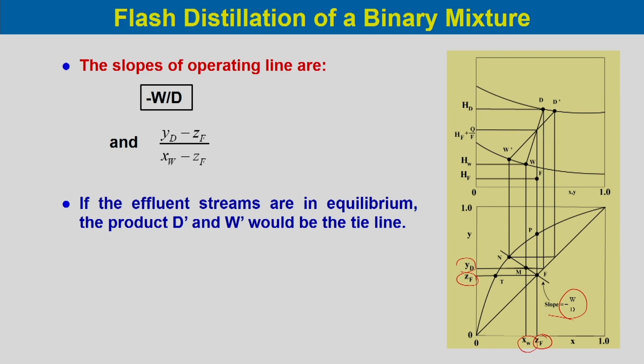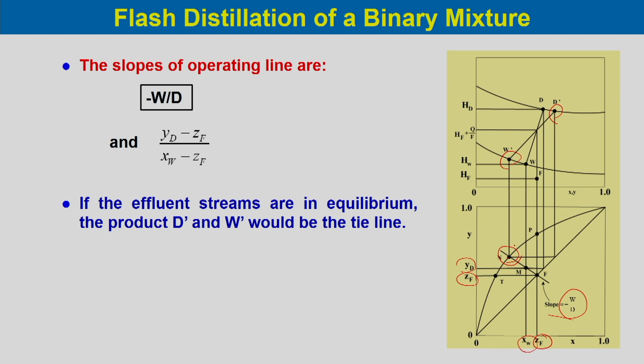If the effluent streams, the products D dash and W dash, shown over here, are in equilibrium, you come down from this point to the curve. This is the intersection point with the slope minus W by D. It intersects the equilibrium line at this point.